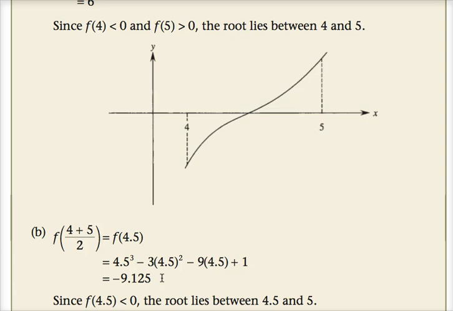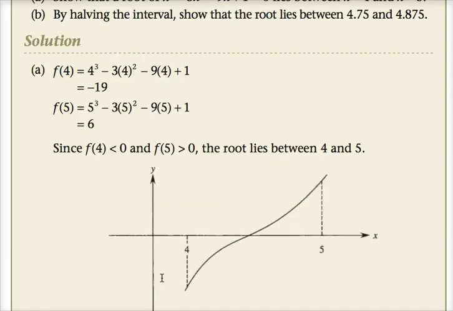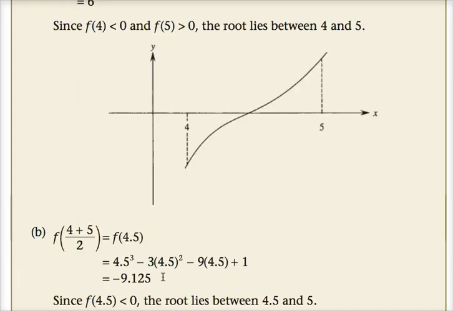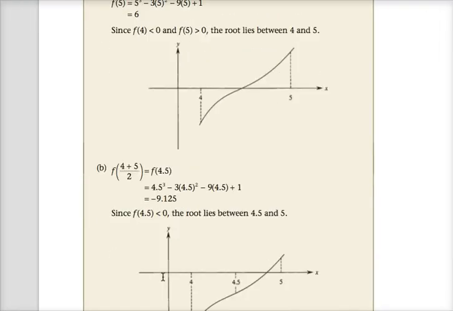Now I need to write these down, because you can't see what's happening anymore. So what's f(4)? Negative. f(5) is positive. Can you still see, or no?